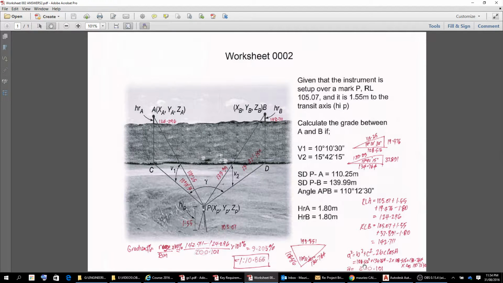So we can pretty easily fill in the gaps. It's just the values that we've got, and that will give us A squared. We take the square root of that, and that should give us A.